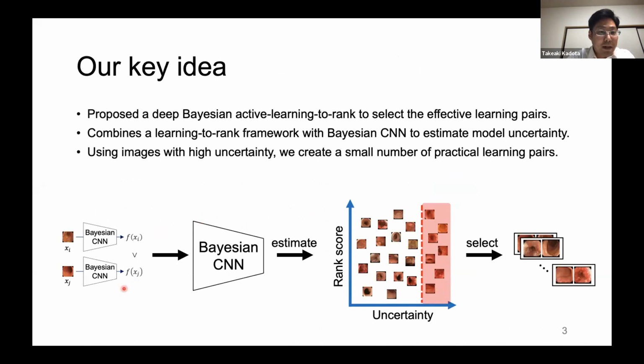Our method combines a learning to rank framework with Bayesian CNN to estimate model uncertainty. Using images with high uncertainty, we create a small number of practical learning pairs.